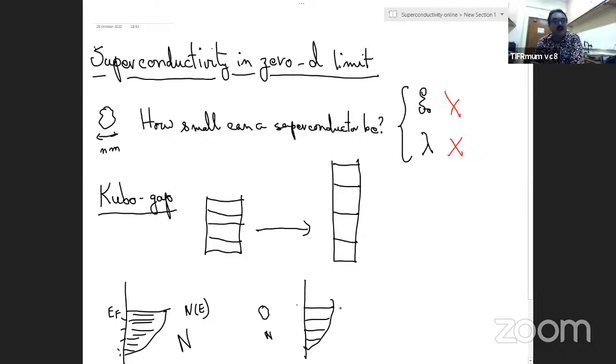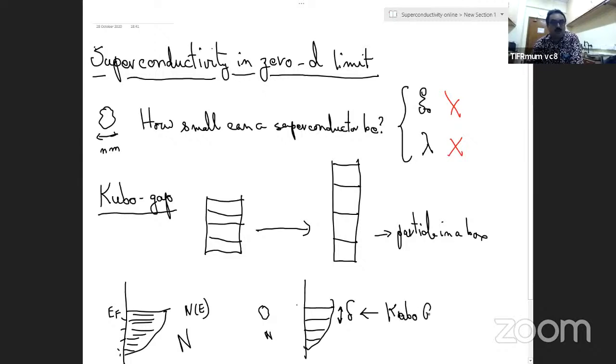So this gap that opens up, you can very easily calculate just based on the particle in a box. This is what is known as the Kubo gap.